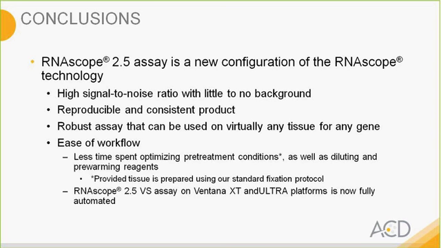Less time is spent optimizing pretreatment conditions, as well as diluting and pre-warming the reagents. I should again reiterate that the optimizing of pretreatment conditions is provided tissue is prepared using our standard fixation protocol. Also, the RNAscope 2.5 product line on the VS systems is now fully automated.